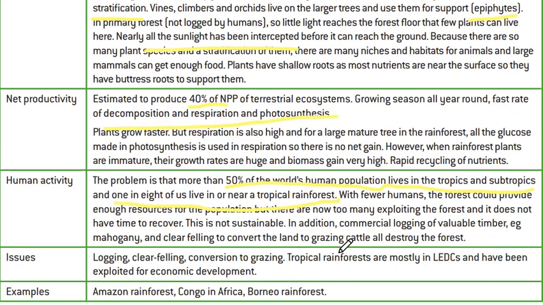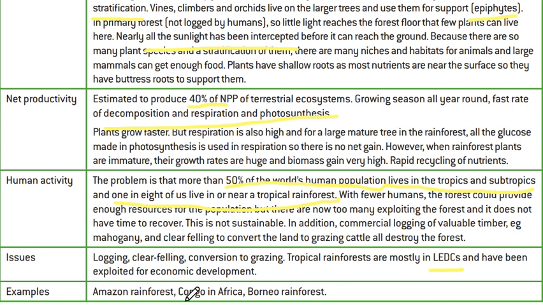Talking about the issues, there is logging, clear felling, and conversion to grazing. Tropical rainforests, mostly in LEDCs, have been exploited for economic development. And LEDC means low economically developed countries.